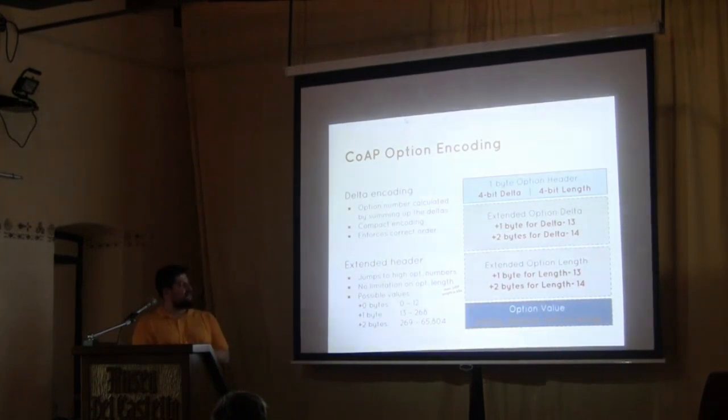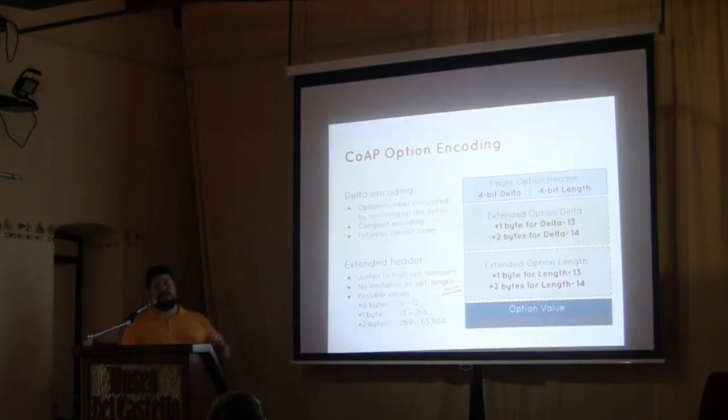So, these options. There's actually one of the more complicated mechanisms in there, how these options are encoded. We want to be small and low parsing complexity. So we don't have ASCII encoded, no text encoded information. We have numbers that we assign to options. So there's an ID for each option. You register them, and that's how you identify the different options. And there's this compact encoding.